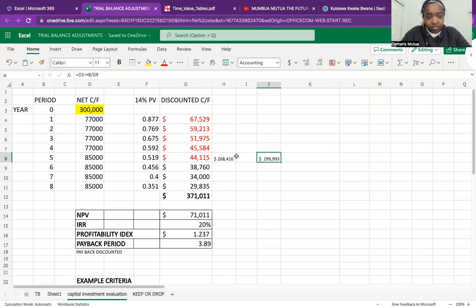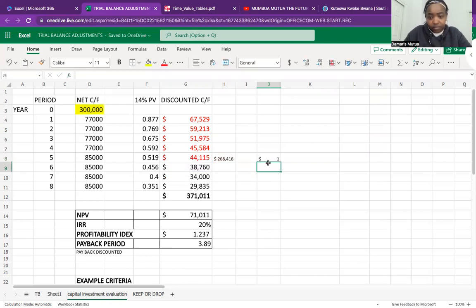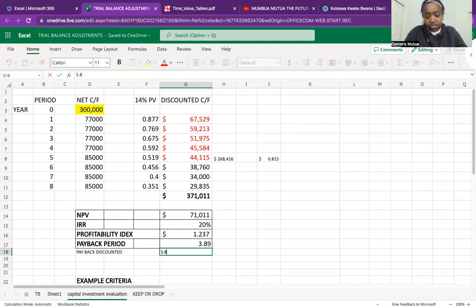That gives you, sorry, let me put this into brackets. So it's going to take 5 years, 0.815 years to recover using the discounted payback.